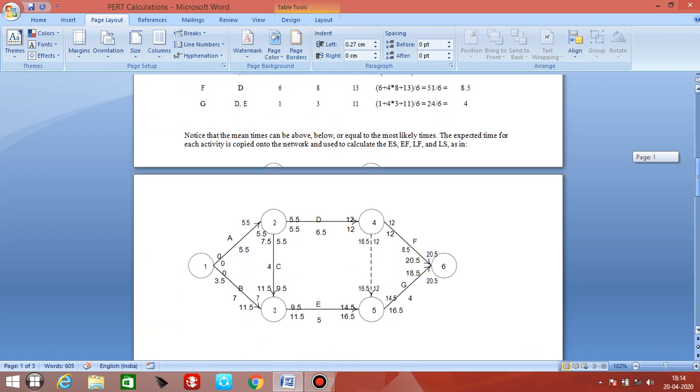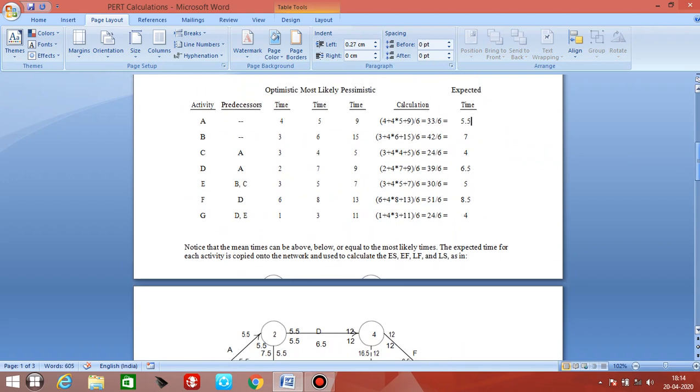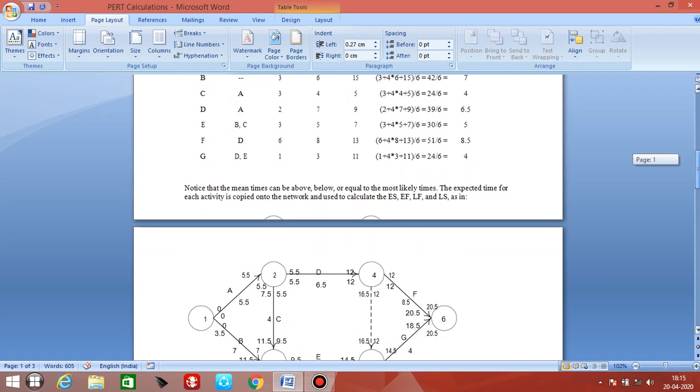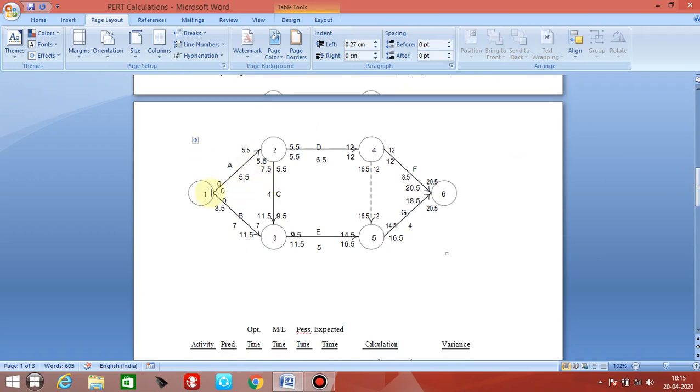Now after going through this, we have got the expected time. Now we have to draw the network. So the next step after finding the expected time is to draw the network. Here you see that A and B do not have any predecessor, so they will start from a single node, say 1.